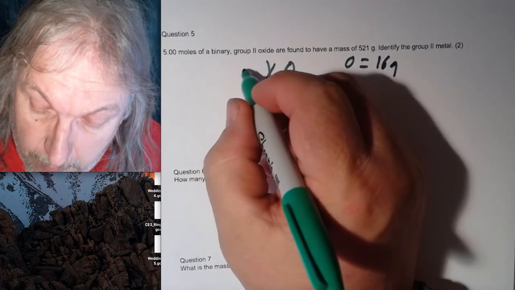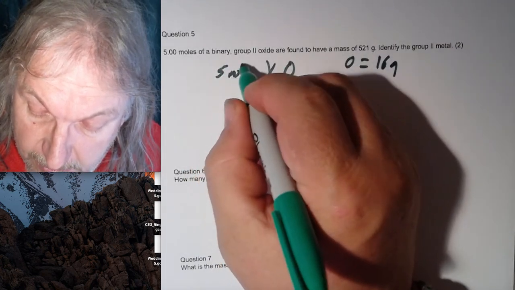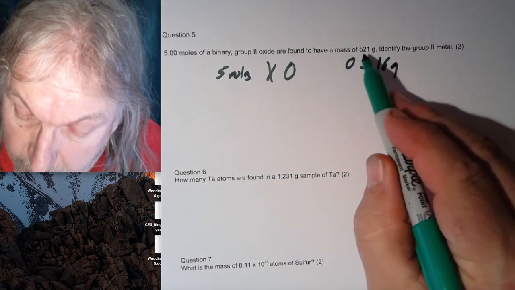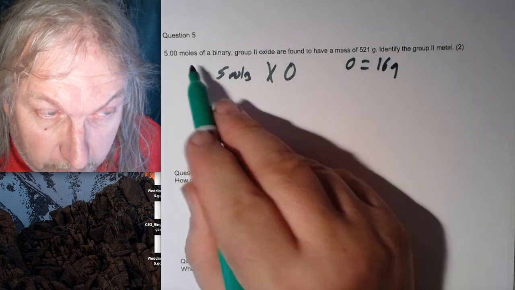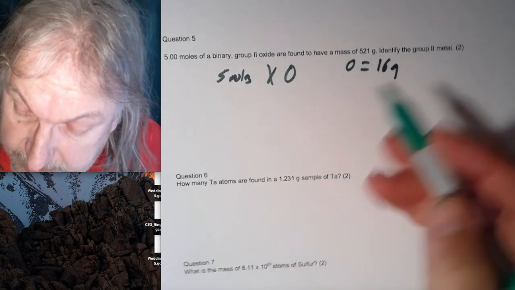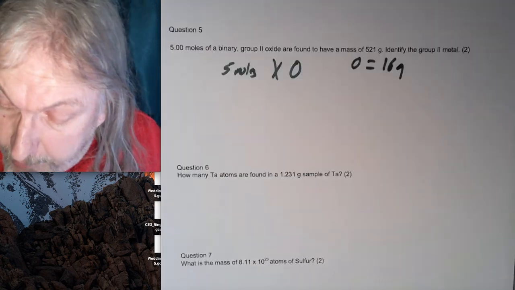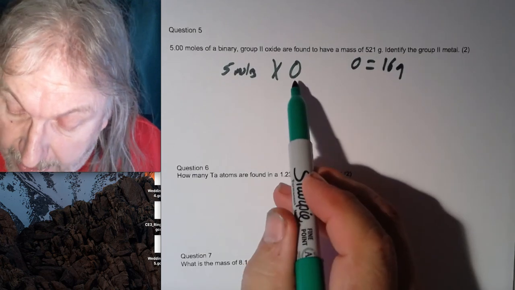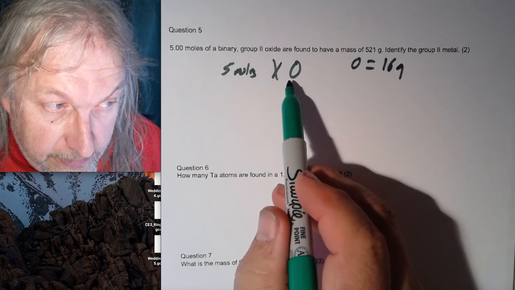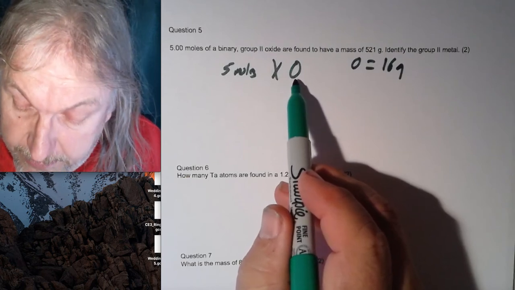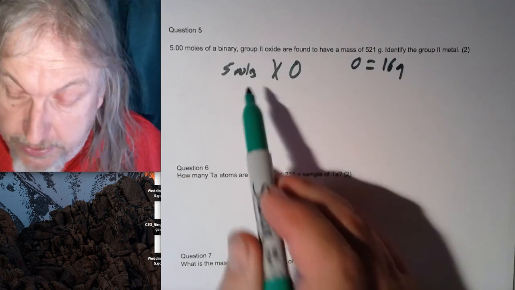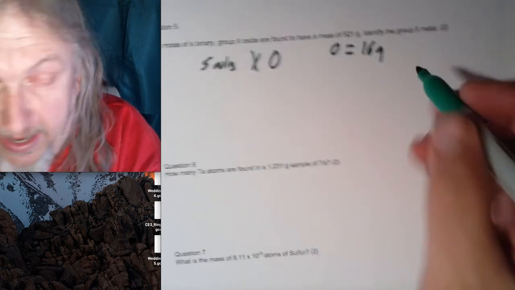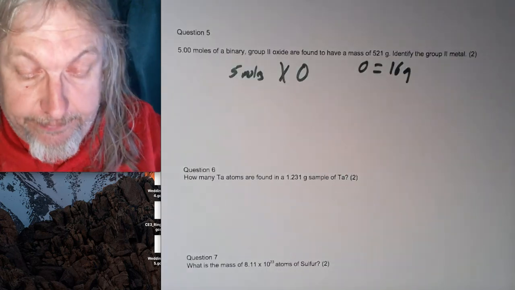There is 5 moles of this. And we know that the total mass of the 5 moles of the binary group 2 oxide is 521 grams. So that means I have 1 mole of oxygen in the oxide, but I have 5 total moles. So I'm going to have to multiply 16 times 5 because I have 5 moles.